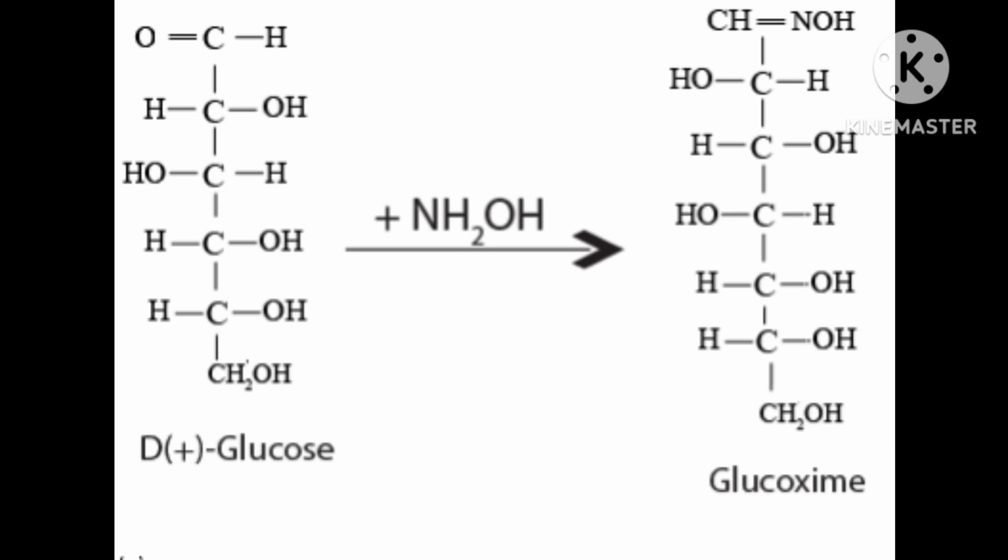This I told you, it will give the oxime. You got the oxime, NOH. Now further, I am talking about glucose when it reacts with HCN, hydrogen cyanide. Then it will form cyanohydrin.